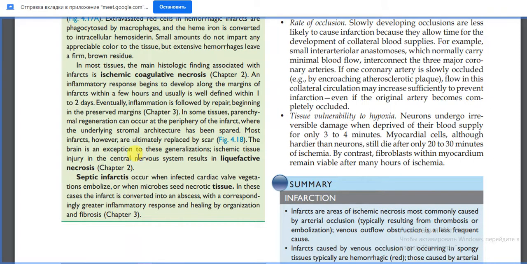We have Wallerian degeneration, which you might have discussed previously in physiology or histology, and due to it most tissues get liquefied, destroyed in a liquid form. This is the typical appearance.